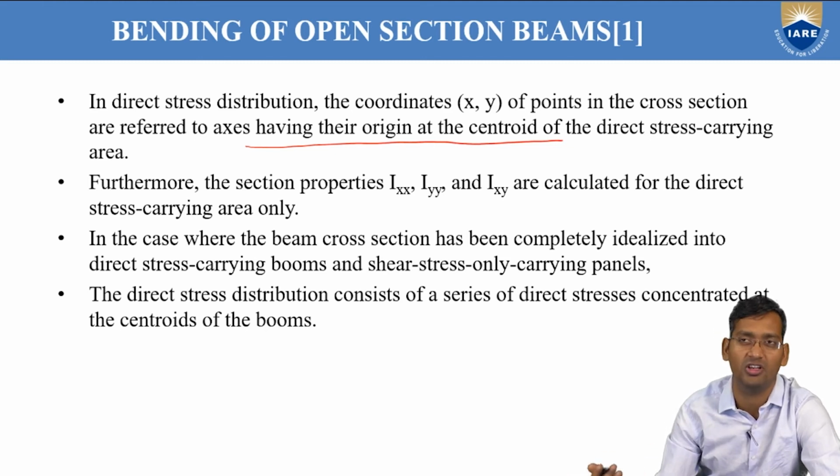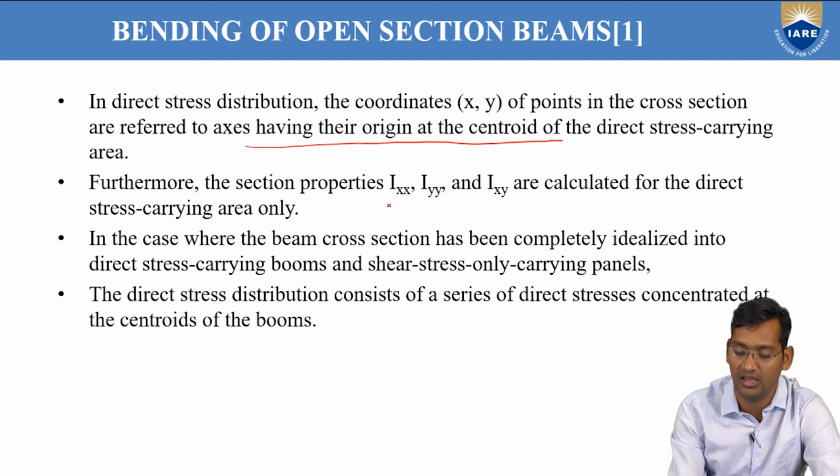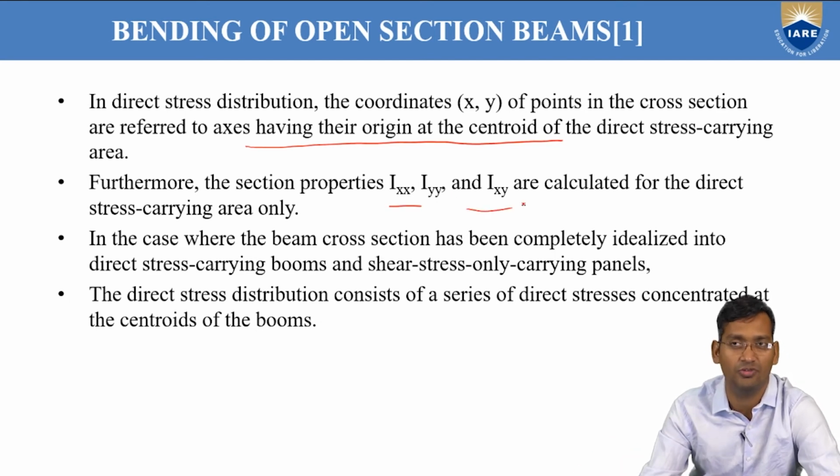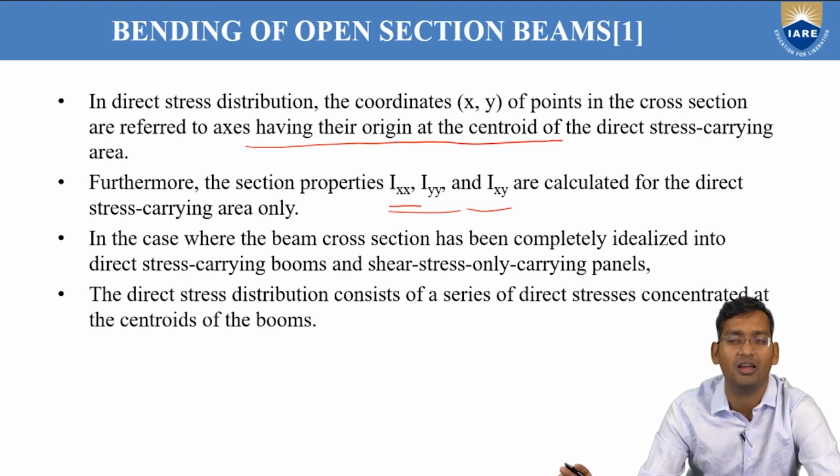So whatever the stringer parts or boom areas are there, which carry direct stress, their origins are at their centroid. Furthermore, the section properties here, Ixx, Iyy, Ixy, are calculated for the direct stress area only. So these properties are calculated for the direct stress carrying area only.